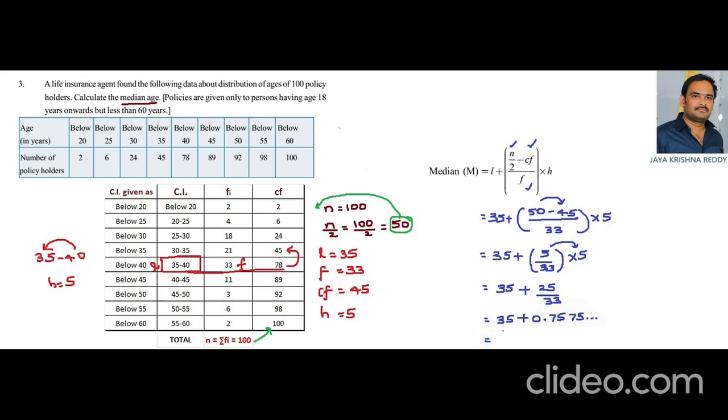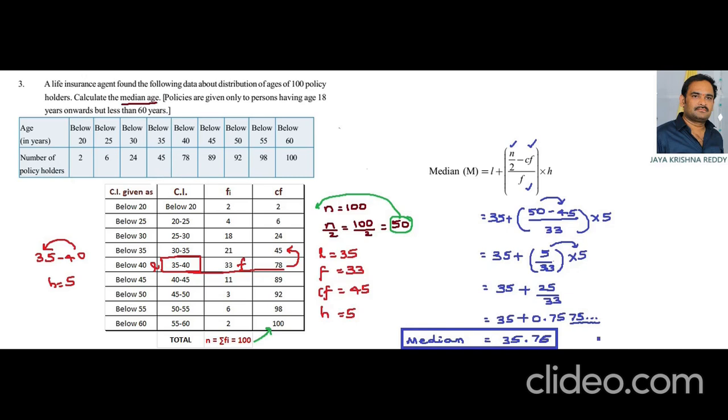So what is the sum of these two numbers? 35 plus 0.7575 and so on is 35.75. We are rounding off the next digits of 0.7575, so we can make it 35.76. So the median of the given grouped data is 35.76.